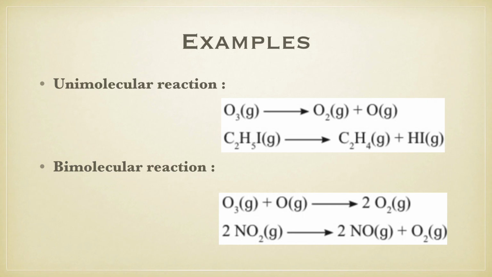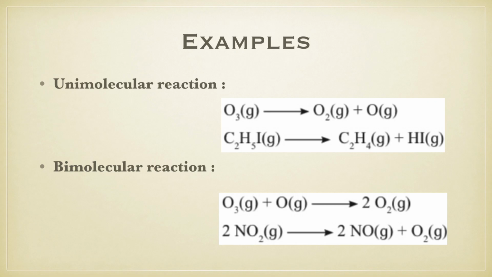Now the example of unimolecular reaction where the molecularity is 1: O3 going to O2 plus O. How many O3 molecules are there? Only 1. Therefore, it comes under unimolecular reaction. Similarly, the next one, C2H5I going to C2H4 plus HI. How many ethyl iodide molecules are there? Only 1. Therefore, it comes under unimolecular reaction.